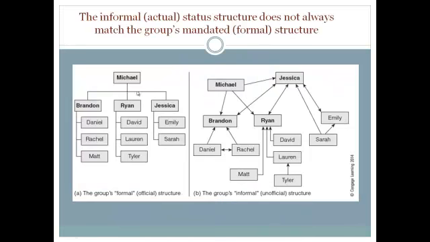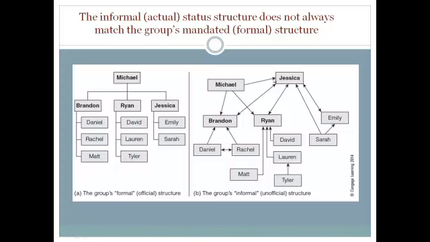And you may have a formal structure in a particular work group, for example, but how the actual interactions go on is different here. Maybe, as you can see, Jessica takes a quite different role in the actual unofficial structure than in the formal structure here. For example, it seems as though when people want to get information, they're more likely to go see Jessica than they are to go see Michael, even though Michael is the leader.